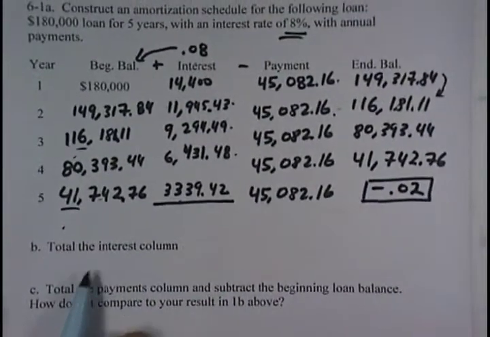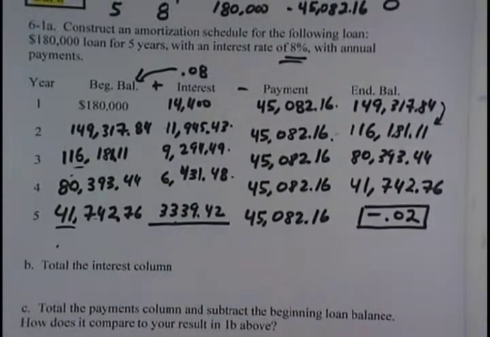In Part B, it asks for us to total the interest column.